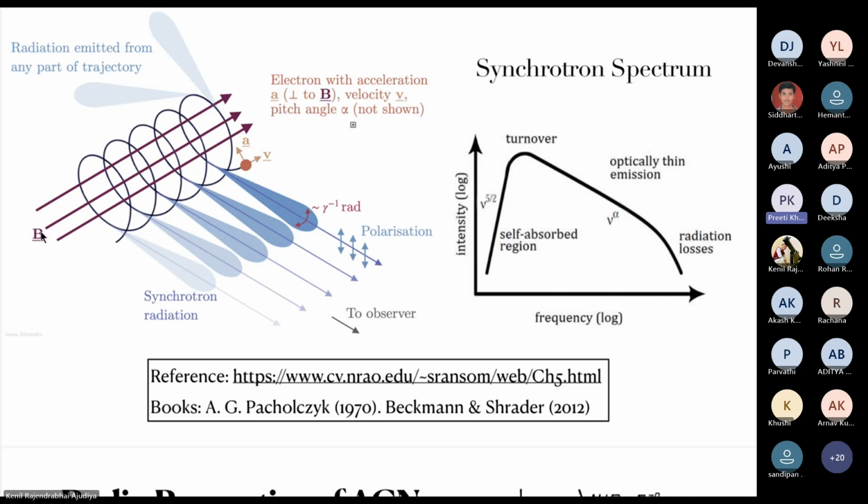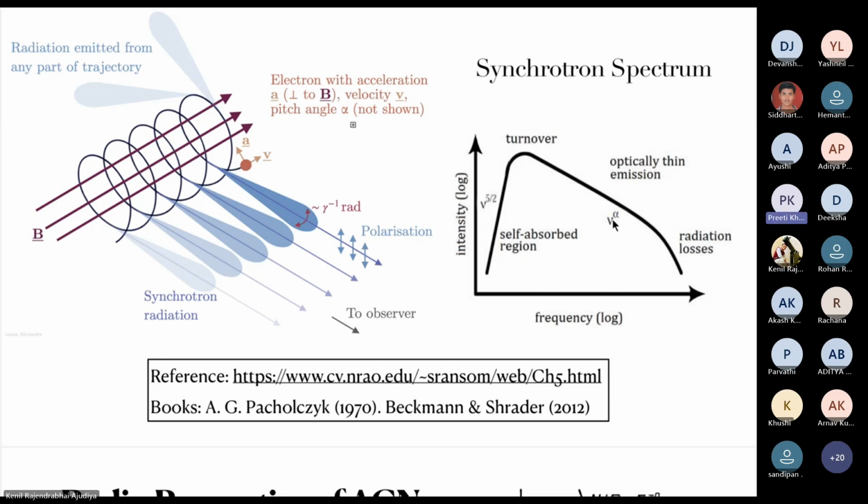On the right is a spectrum that you get from such an assembly of relativistic charged particles. The spectrum is showing intensity versus frequency. The main part of it, the optically thin emission, that slope, is the signature of a synchrotron emission spectrum. And it has a particular slope called alpha.